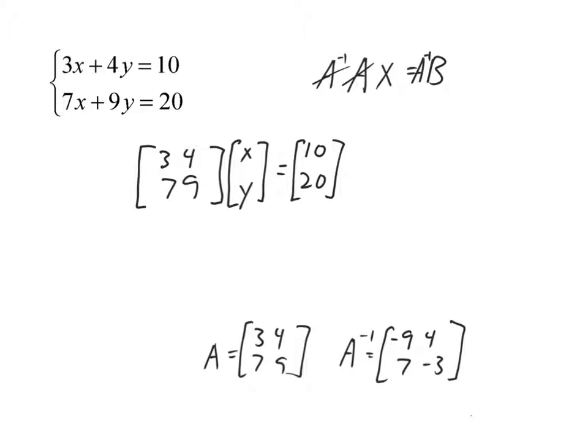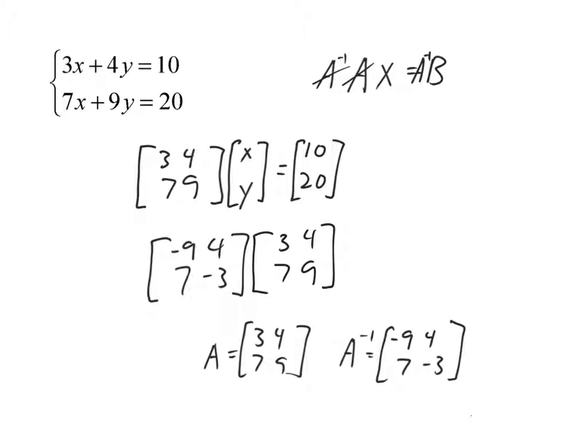So if I plug these matrices into this equation, we're going to get A to the negative 1, which is negative 9, 4, 7, negative 3, and I multiply that to A, which is 3, 4, 7, 9. And then we have our matrix x, y.